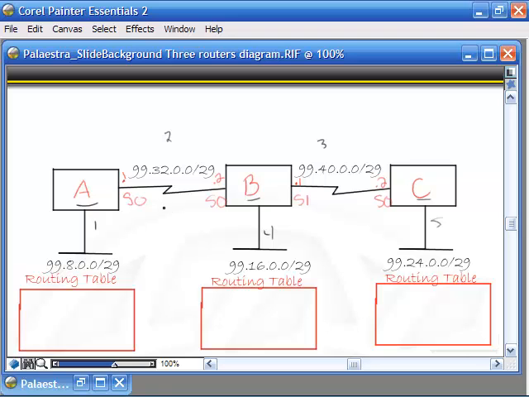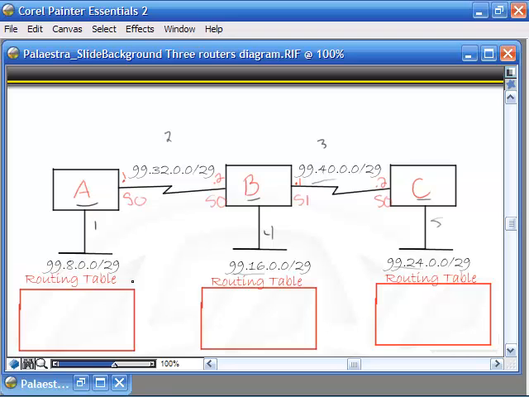Each subnet has to have its own network address. This subnet is 99.8, 99.32, 99.16, 99.40, 99.24. So I've got each subnet with its own individual network or subnet address.